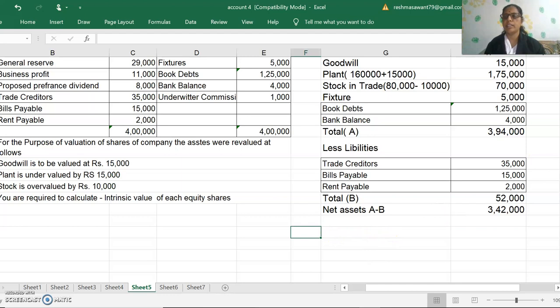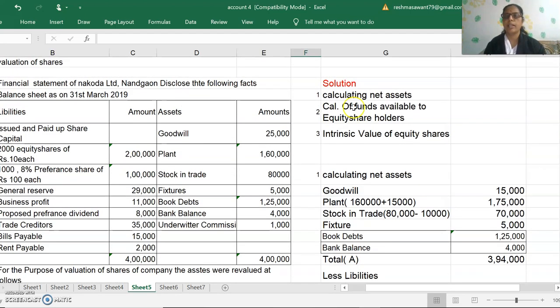Then we calculate step number 2, calculation of funds available to shareholder.